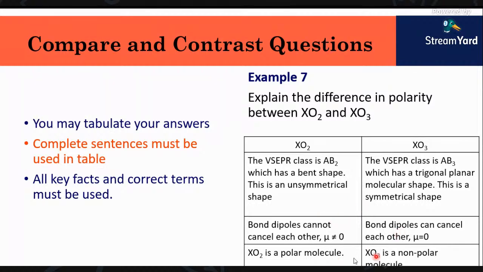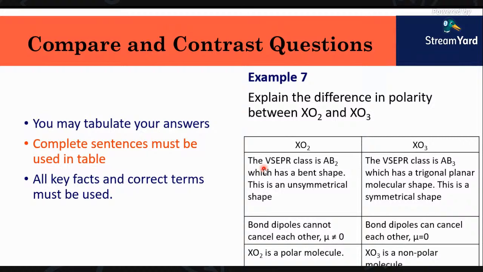And finally, regarding the polarity, you can write at the bottom that XO2 is a polar molecule and XO3 is a non-polar molecule. So for compare and contrast questions, you can tabulate your answers, no problem. And if you don't want to tabulate, you can, but write it comparatively.